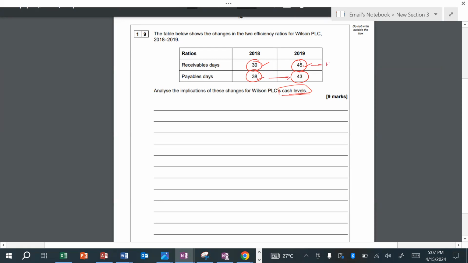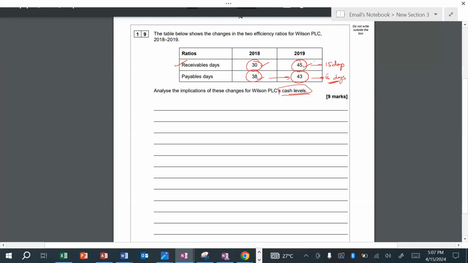So over here, you have an increase of 15 days, and over here an increase of 5 days. Receivable is basically the amount you are getting from your customers, and payable is the amount you have to pay off to the suppliers you have taken credit from.